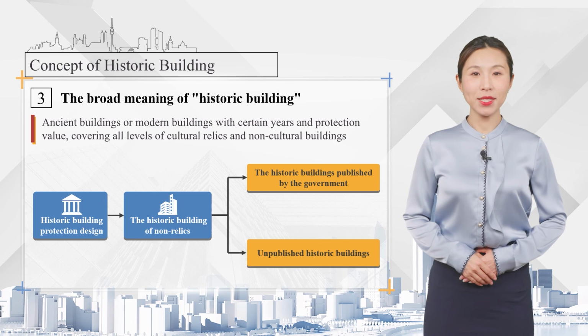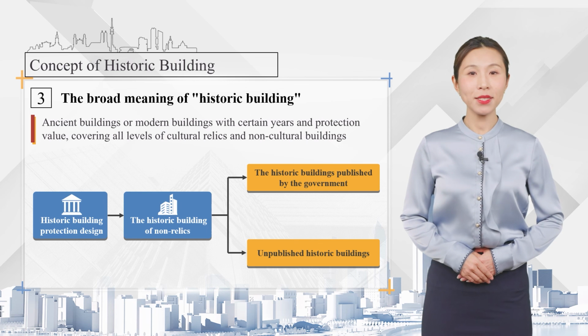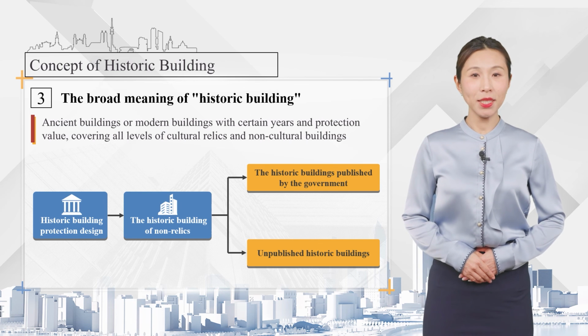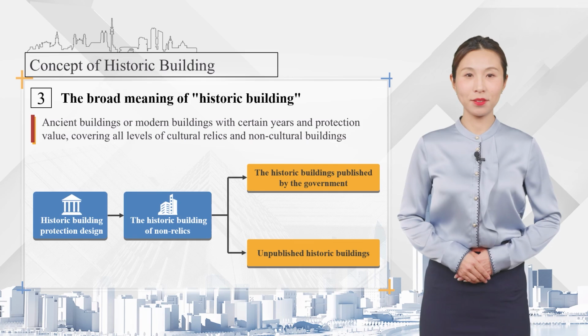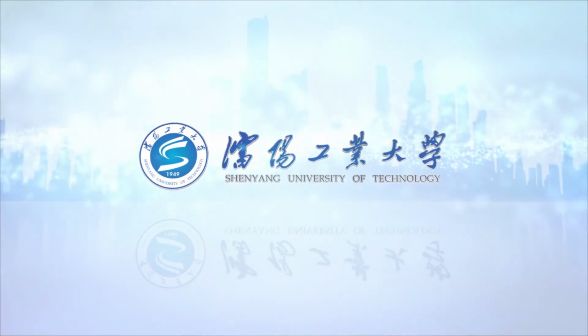Most of them are still in use or have the function of use, and they need protection. One of the purposes of protection is to use it adaptively without compromising the values to meet the needs of modern functions.